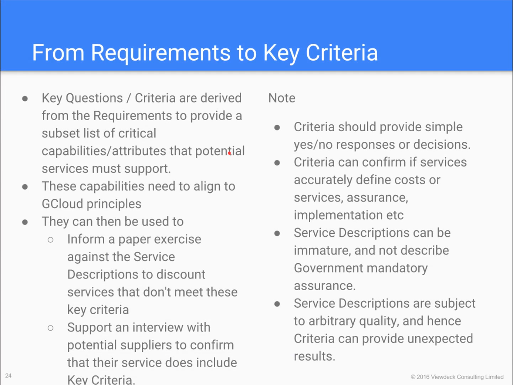Now, what we look to do is to use requirements to drive down to a set of criteria and a set of questions that helps us do that selection. They need to make sure that they align to the G-Cloud catalogue and the G-Cloud principles.